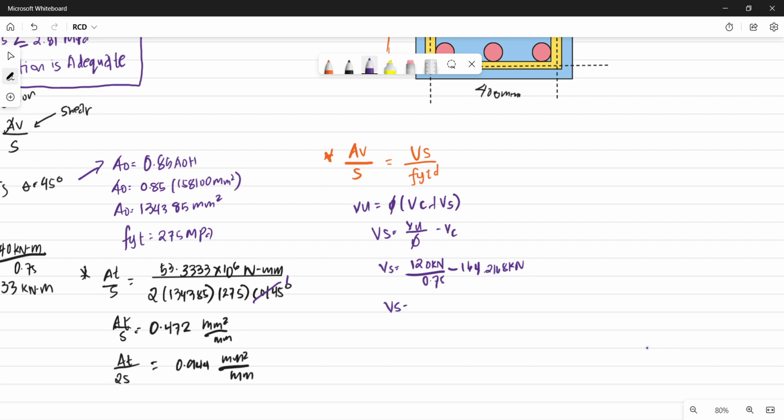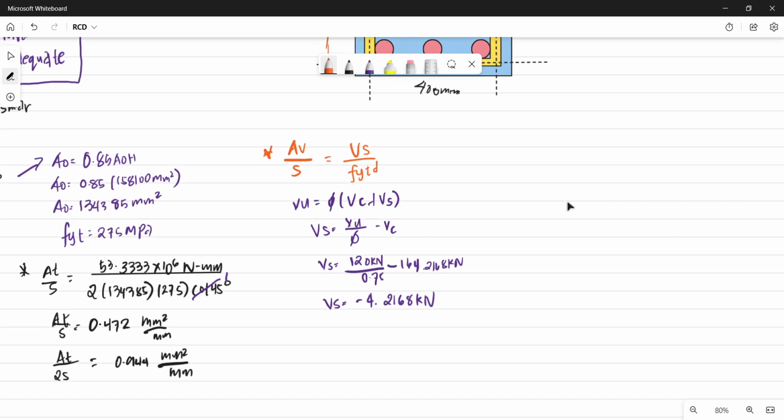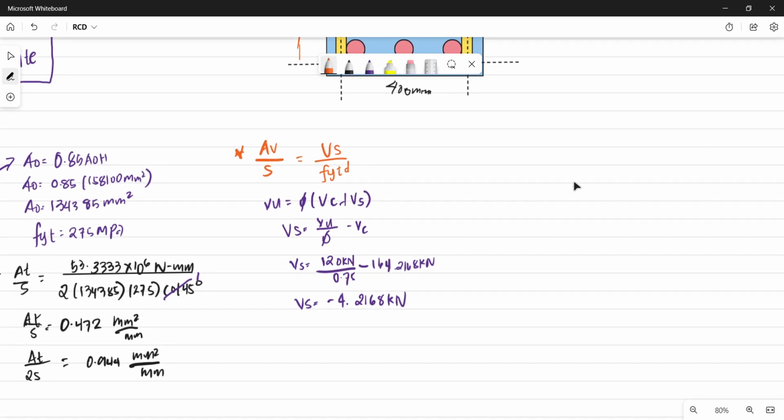Your VS equal to negative 4.2168 kilonewton. So, okay. Let's solve for your AV over S.